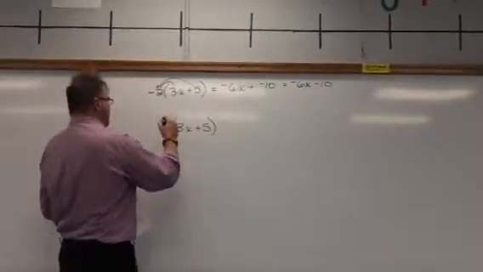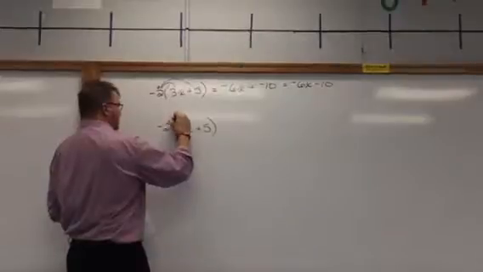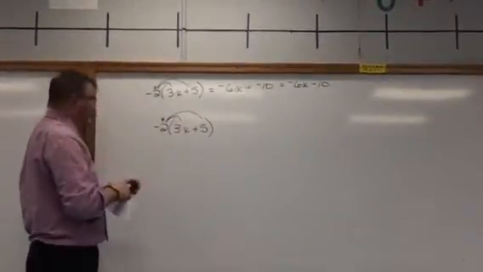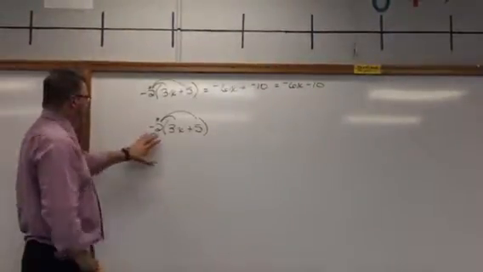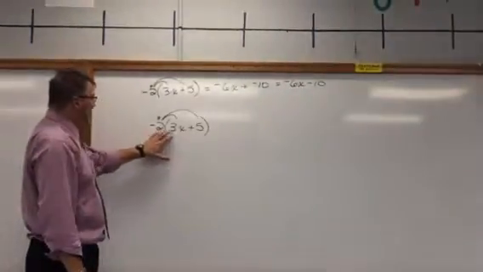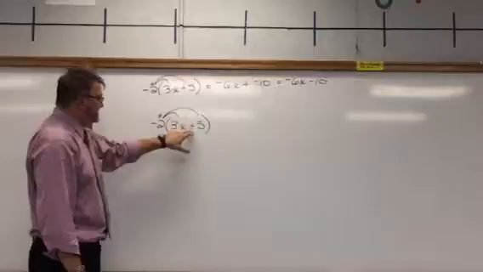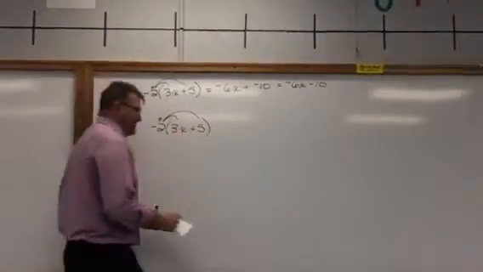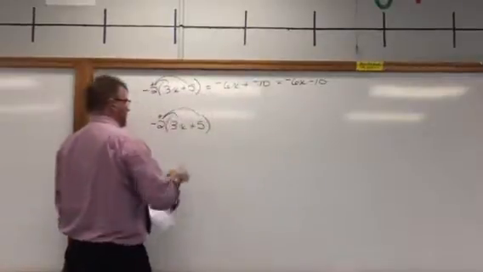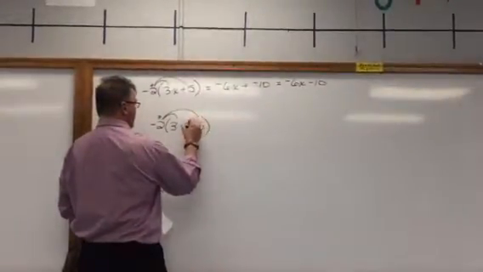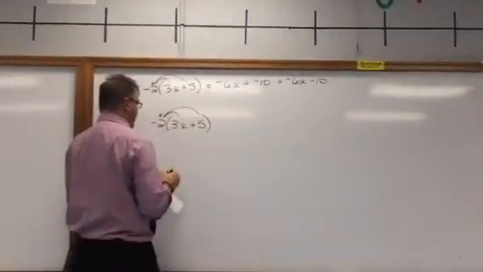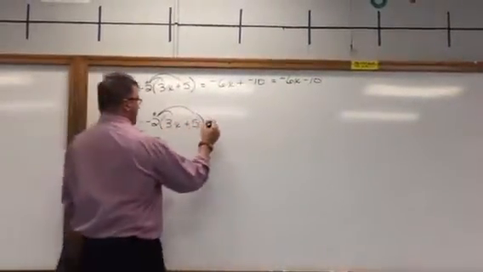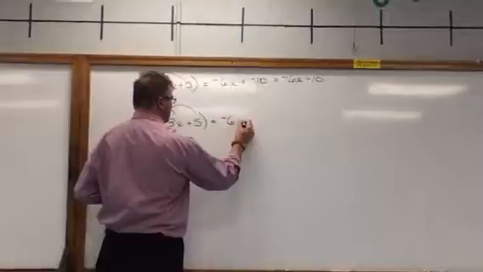When you go to do the distributive part, if we look at this as a plus 5 instead of adding 5, all right, we still get our negative 6x.